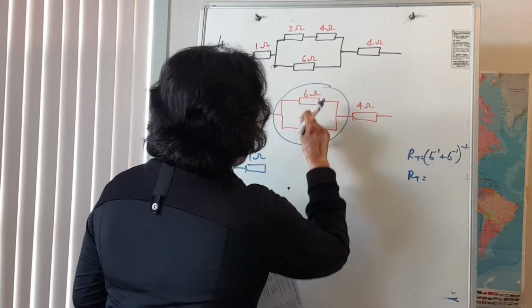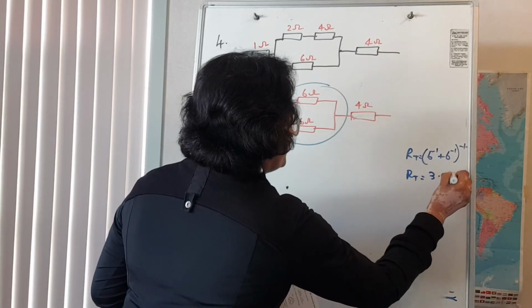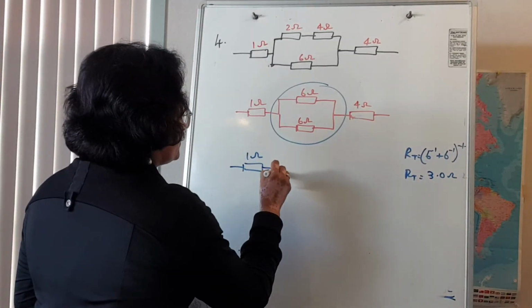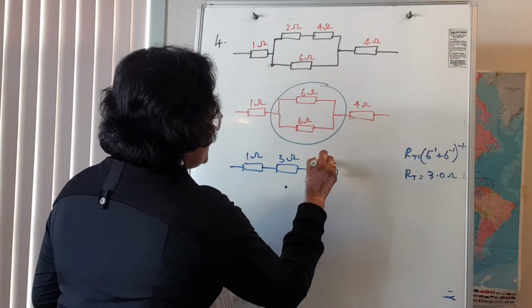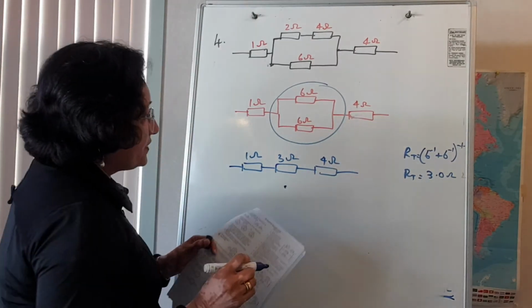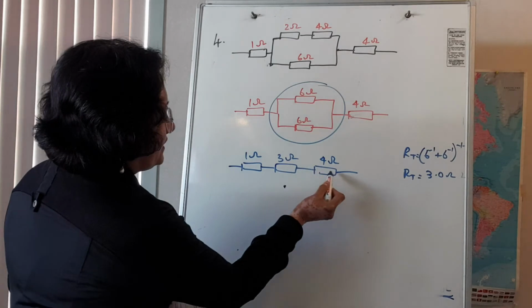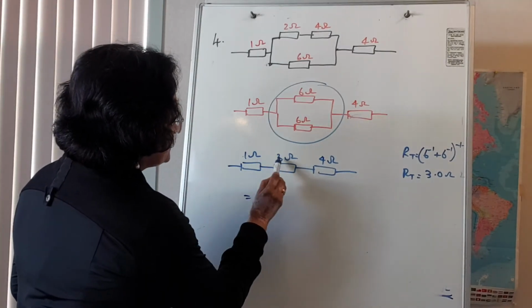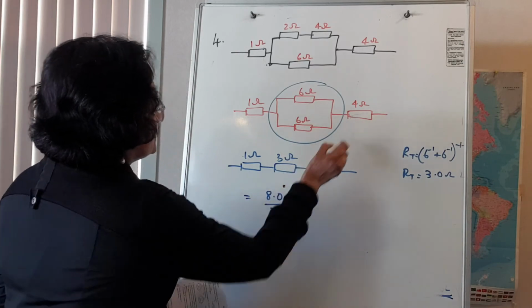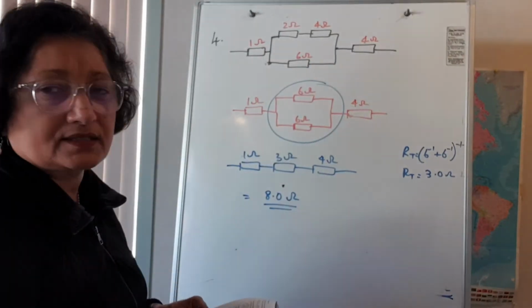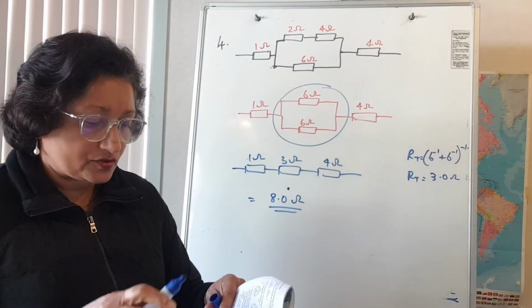Your resistors in parallel will work out to 3 ohms. You can replace those two by 3 ohms. And then you've got your 4 ohms. Now you just add those 3 together. So 1 plus 3 is 4 plus 4 is 8. So your total resistance for that is 8 ohms. So that's how you do those questions.